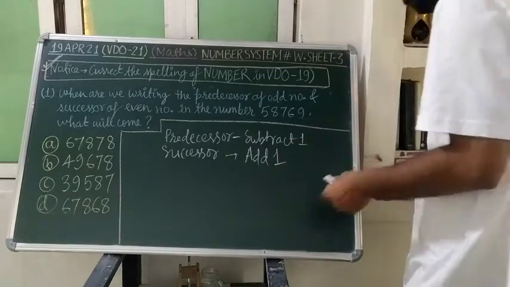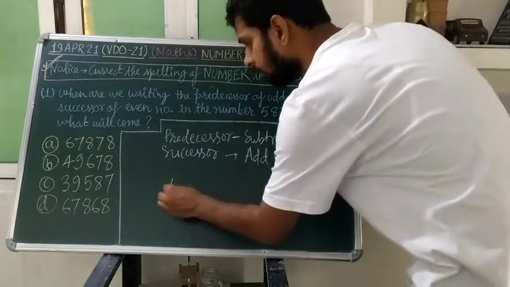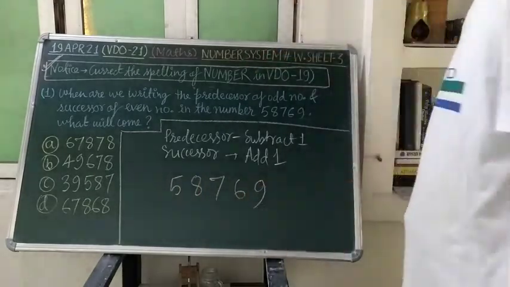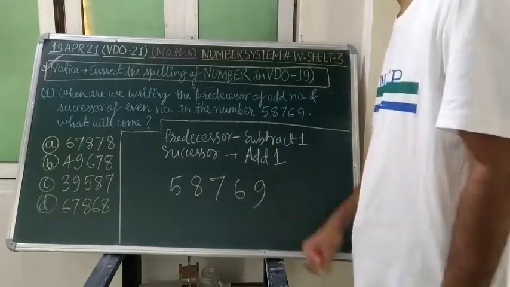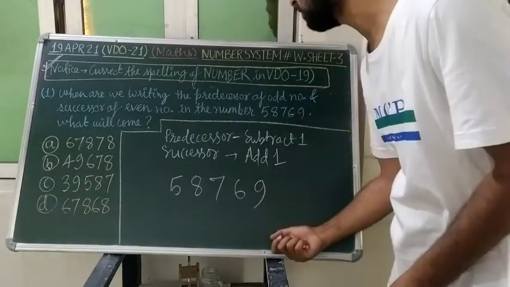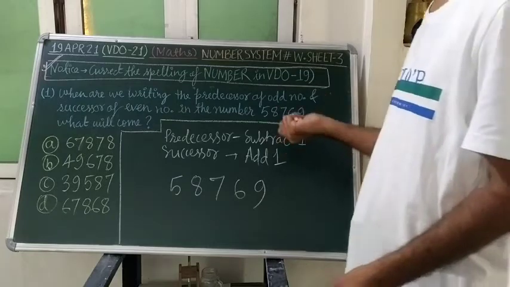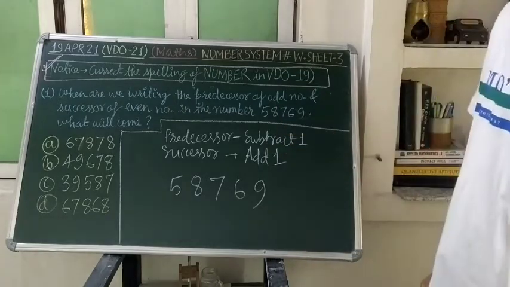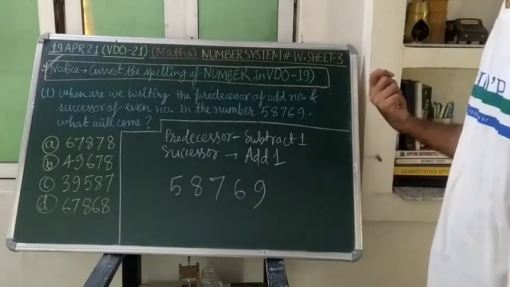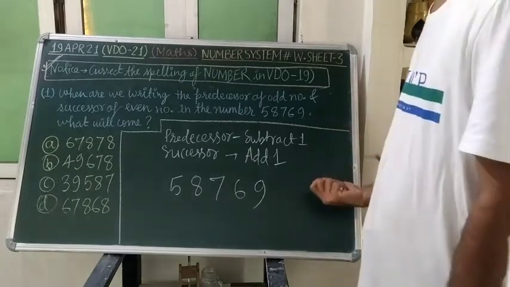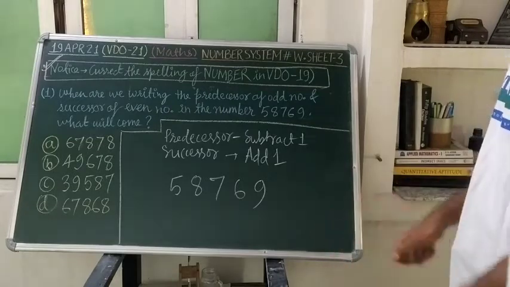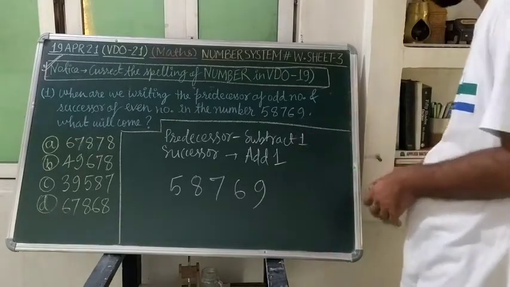So our number is 5, 8, 7, 6, 9. In this, our first task should be to check which digit is odd and which is even. Odd numbers will not be divisible by 2, even numbers will be divisible by 2.